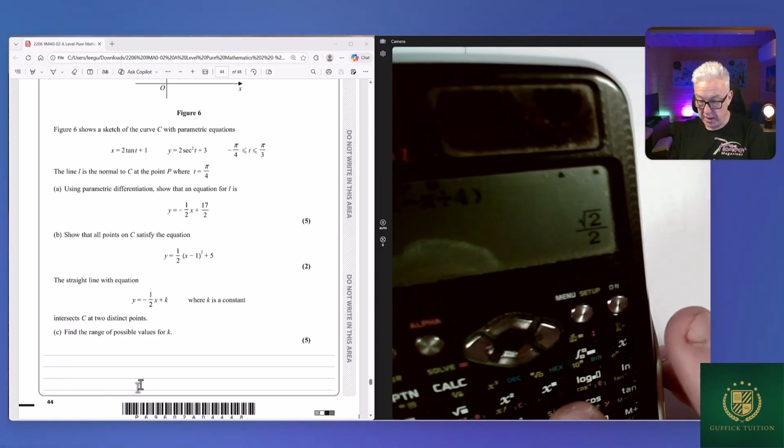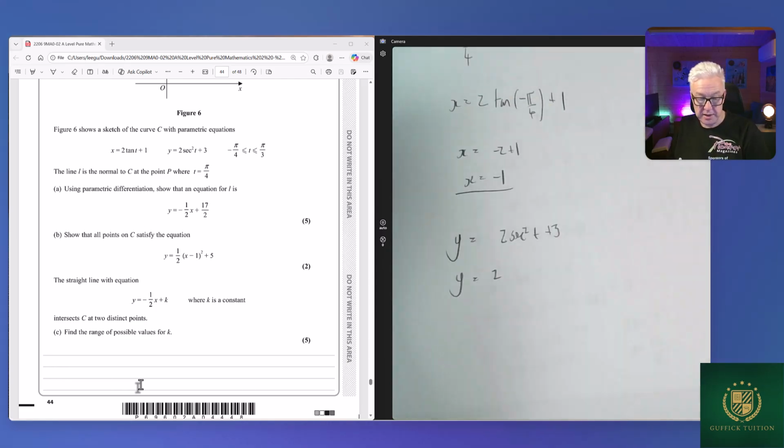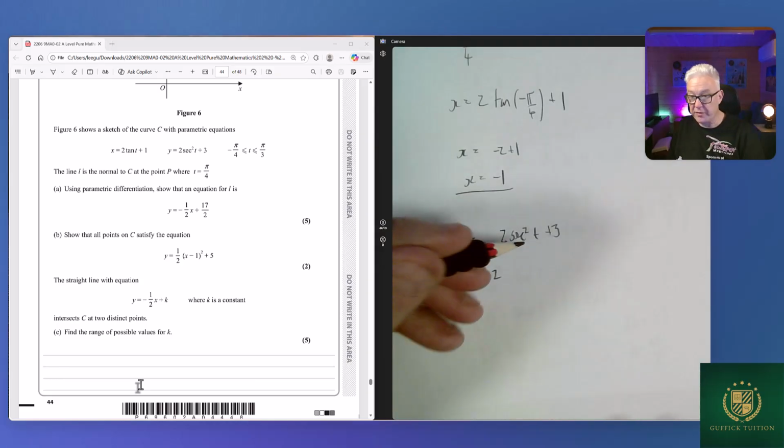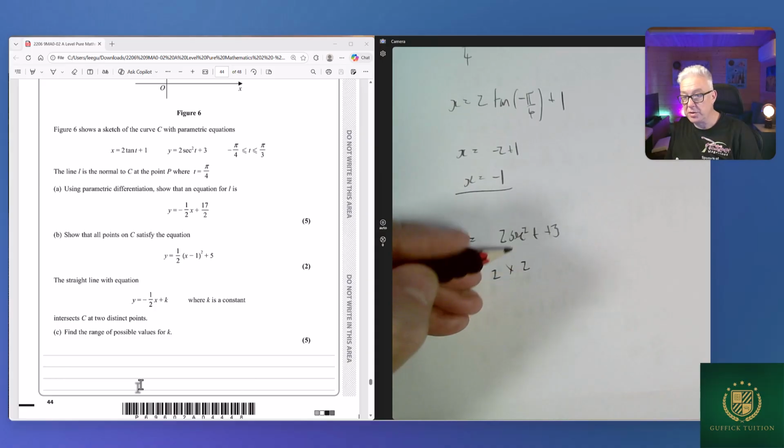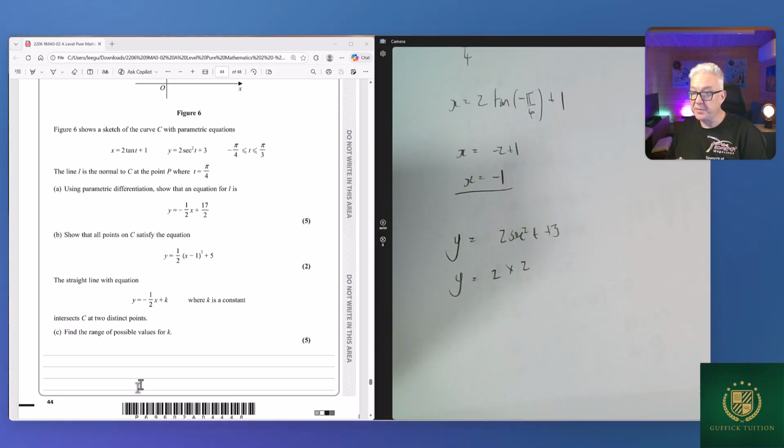We need to square that answer, which gives us a half. So cos squared is a half, but we've got 1 over that, so 1 over a half is 2. In other words, sec squared of -π/4 is 2.